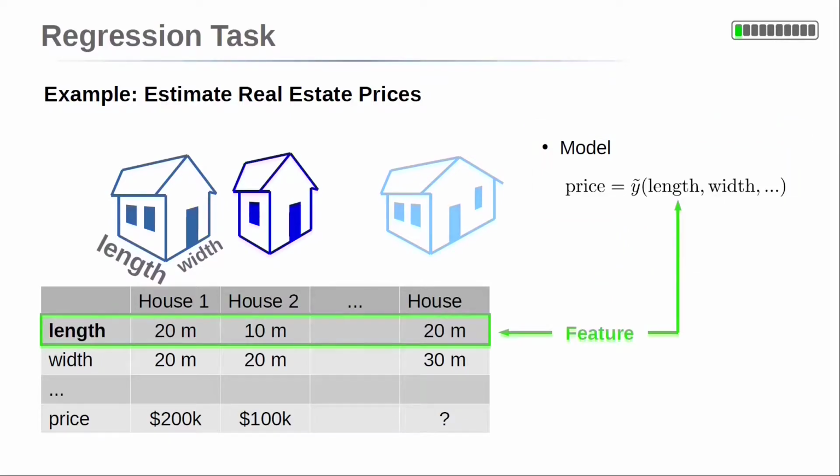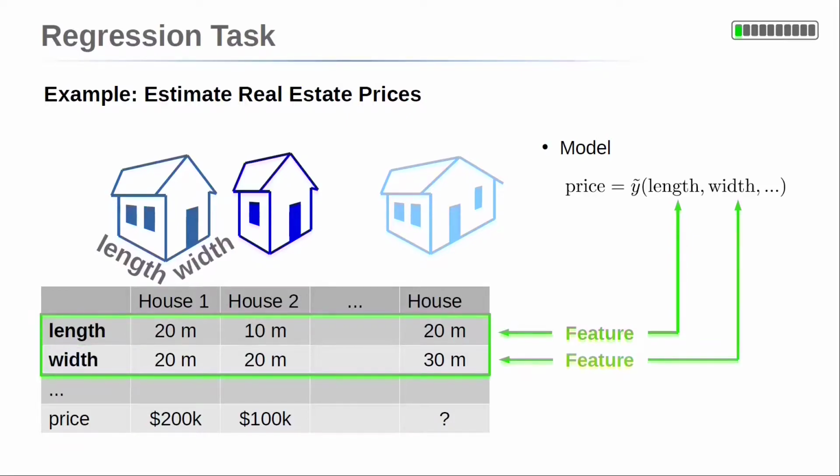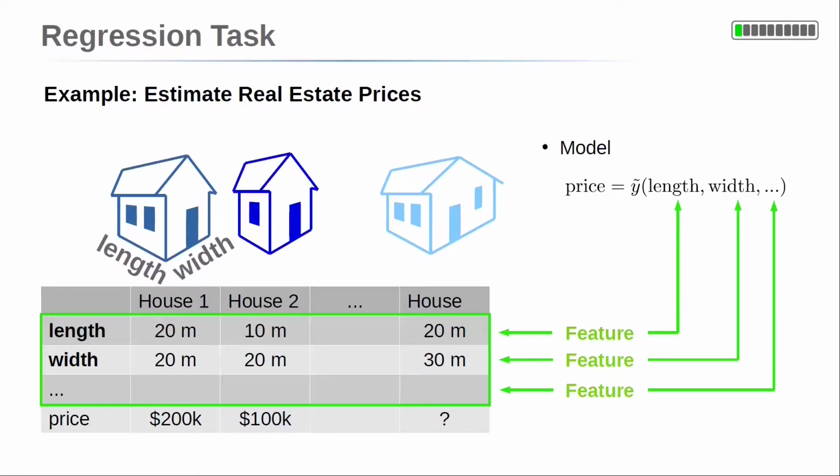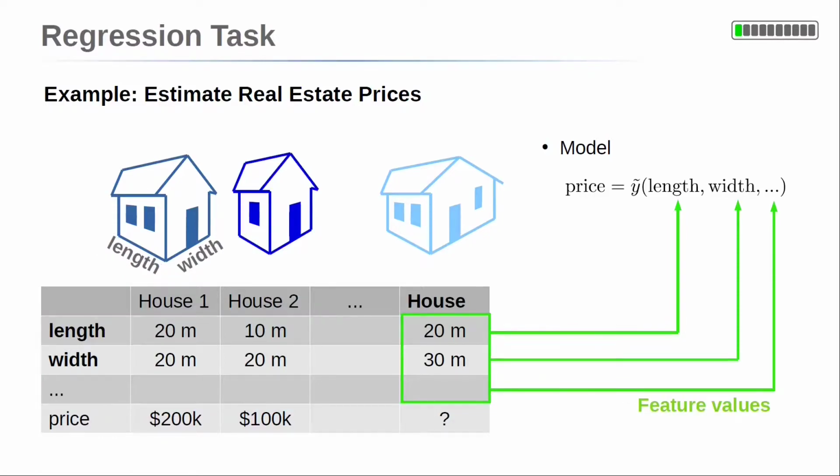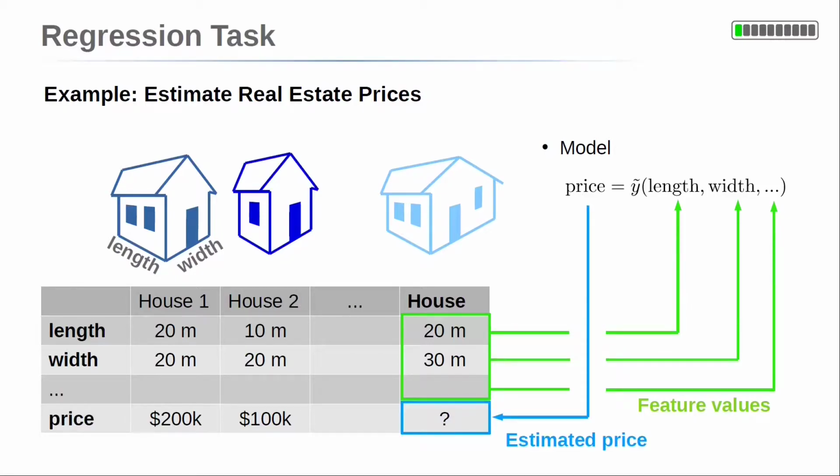For example, the house's length and width, or the year of construction or similar features. The model takes the values of these features as input and estimates the corresponding house price. The tuple of the values of all features for a single specific house is called a data sample.